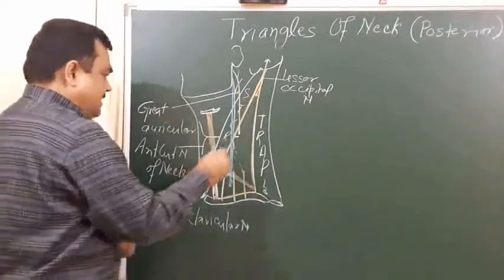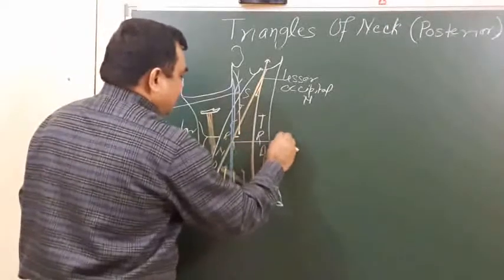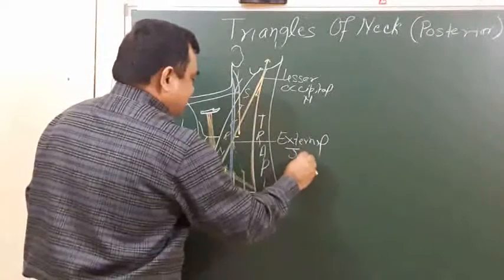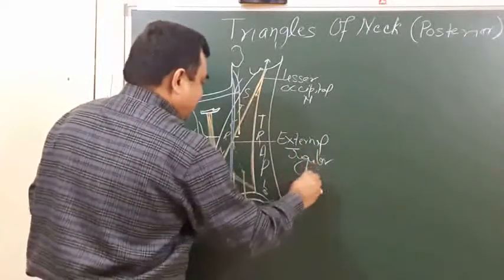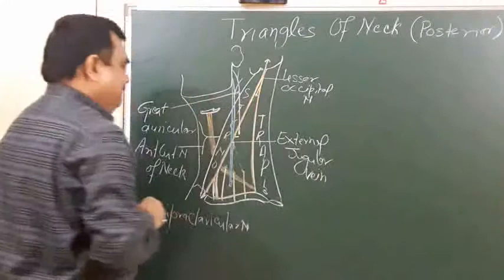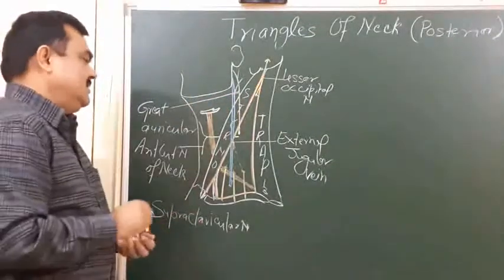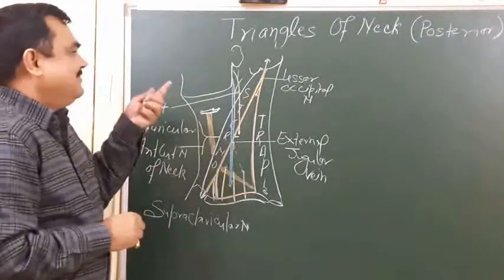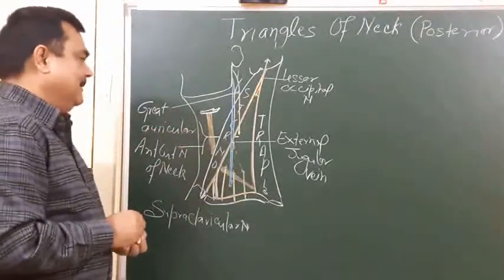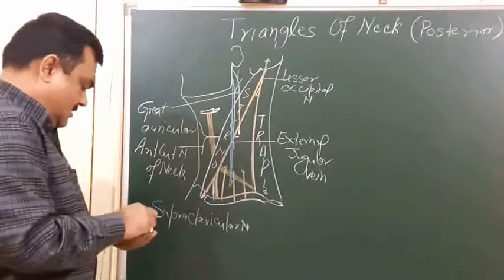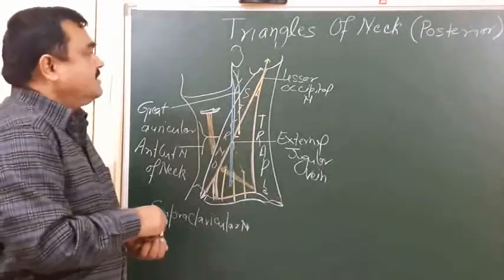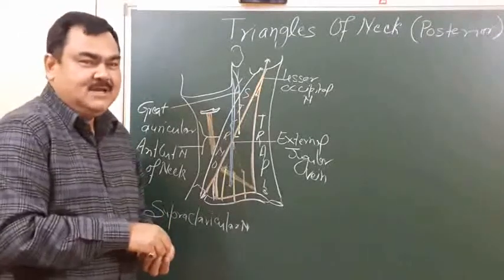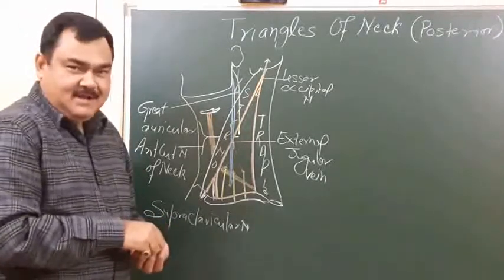This vein is the external jugular vein. So these structures form the roof of this posterior triangle of the neck. So this is all about the boundary and roof of the posterior triangle of the neck.